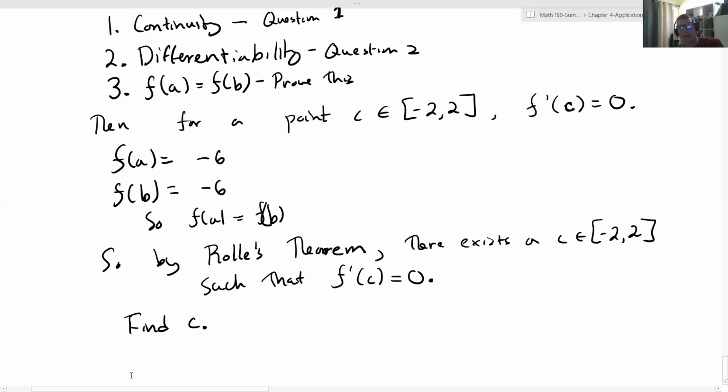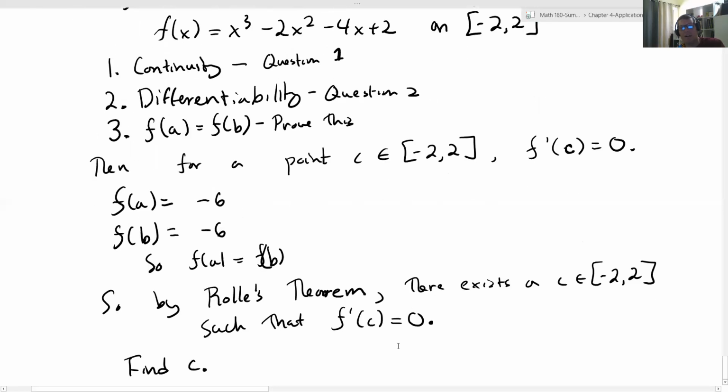All right, so the information that we have here, we're going to find C, and what do we know about C? What do we know about C? Take a look at everything that we've got. F prime of C equals 0. Yeah, right? By Rolle's theorem, F prime of C equals 0. Tell me, why, Valet?